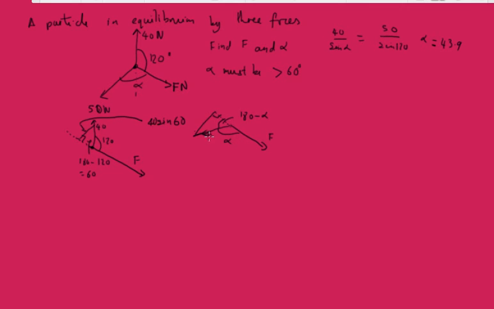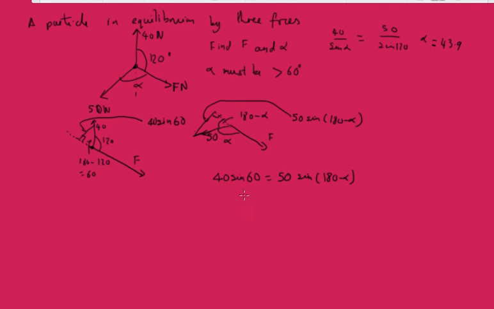So 50 sine 180 minus alpha, that angle, must be the perpendicular component of the force to F. And the perpendicular components from the 40 newtons and the 50 newtons must cancel each other out for the particle to be in equilibrium. So we have 40 sine 60 must be equal to 50 sine 180 minus alpha.